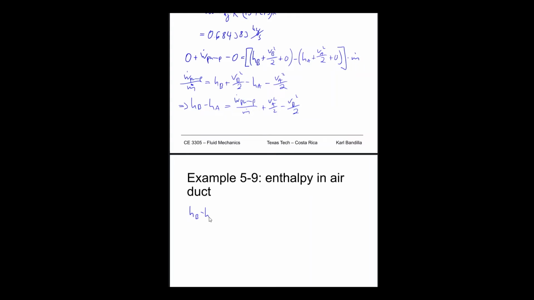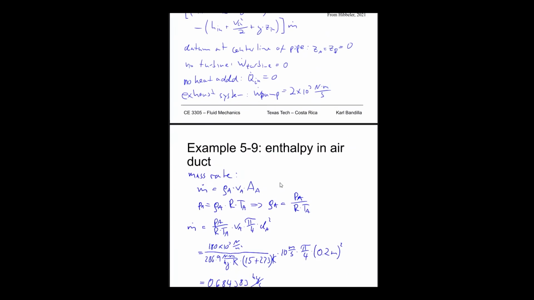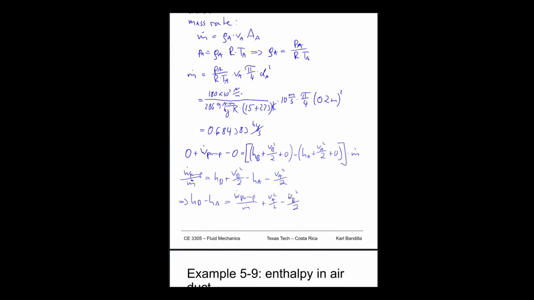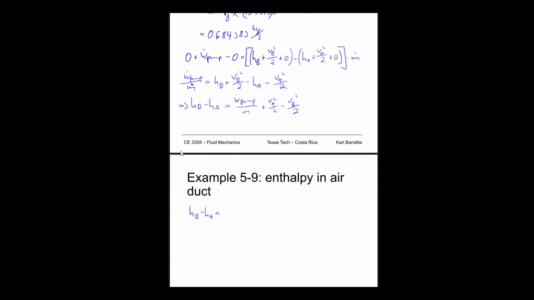It's HB minus HA is then, what do we got for our pump? Somewhere we said 2 times 10 to the 3. Actually, we'll leave that as joule per second, because I think that's going to fit better with the units that we're looking for. So that would be 2 times 10 to the 3 joule per second.